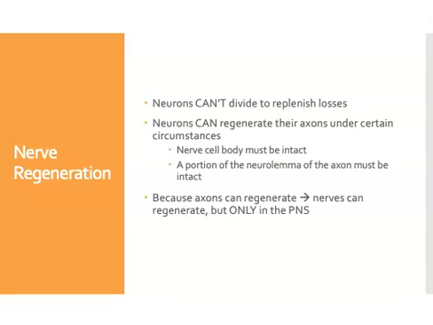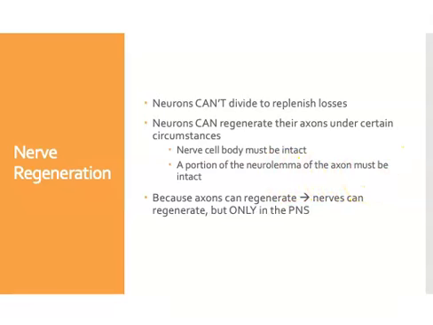And you need at least a little bit of the neurolemma of the axon hillock to be intact. In other words, you need a little bit of the membrane of the axon hillock, and sometimes even down into the axon itself. That's fine too. But you must have at least the axon hillock membrane intact.